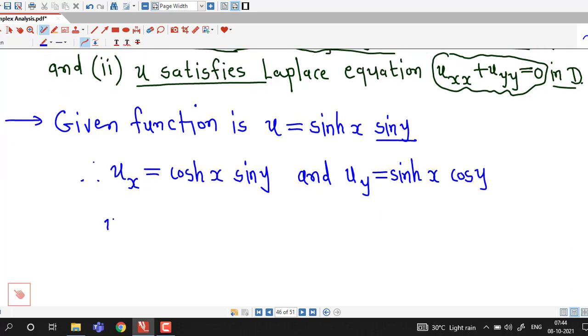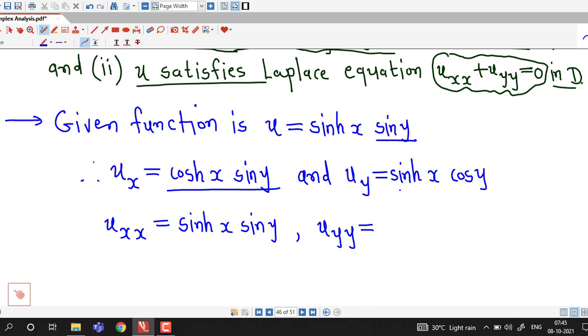Now we differentiate again with respect to x, so we have to take derivative of this function with respect to x. Here sine y is constant, derivative of cos hyperbolic x is sine hyperbolic x. And if we differentiate del u by del y again with respect to y, then we have to take derivative of this function.